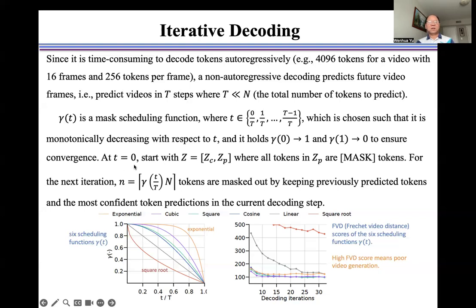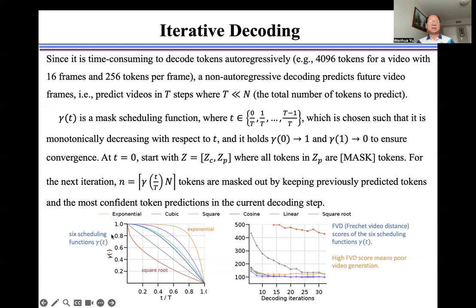At t is 0, start with Z, where all tokens in ZP are masked tokens. For the next iteration, N tokens are masked out by keeping previously predicted tokens and the most confident token predictions in the current decoding step.